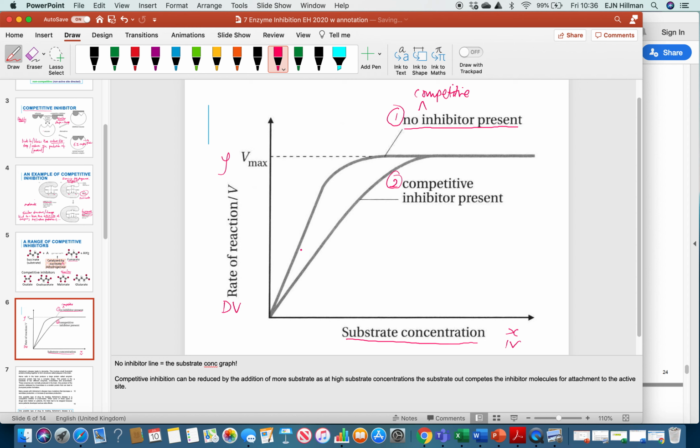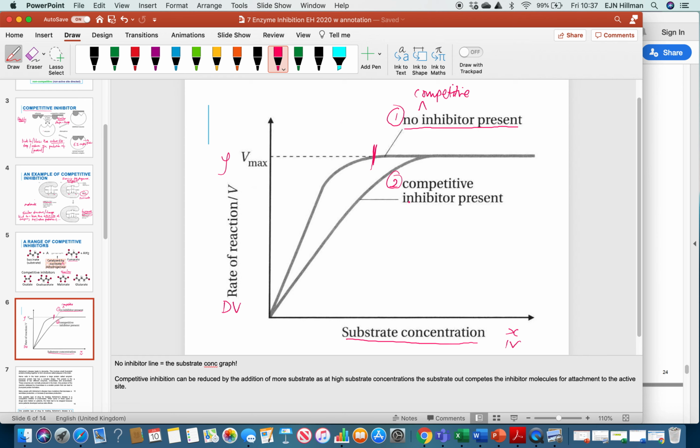So as the substrate concentration increases initially, so does the rate of the reaction, until we reach this point here where there is no more increase in the rate of reaction, and that is because the enzyme active sites have all become saturated and they are working at their maximum rate, so the rate of production is greatest.